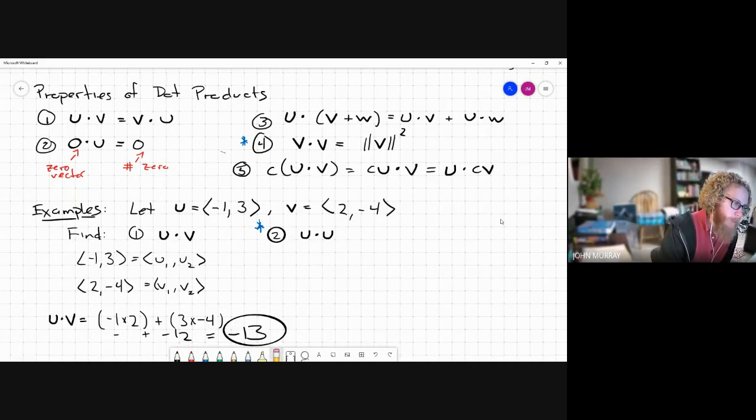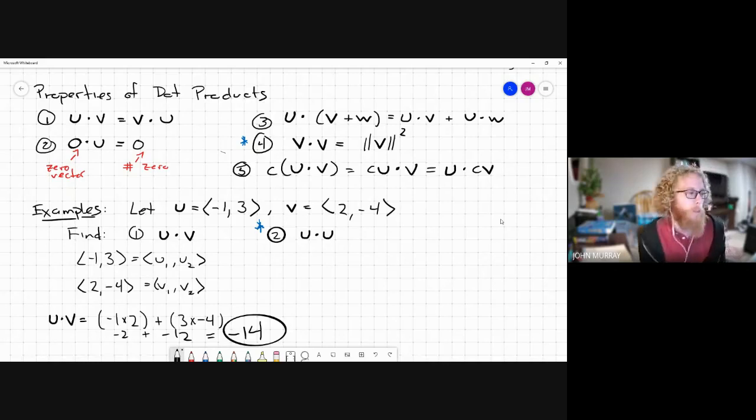Oops, that's not -1. So just be careful with your signs, but it's pretty straightforward. Just multiply and add. Just get used to the pattern. Any questions about that? Normal dot product.